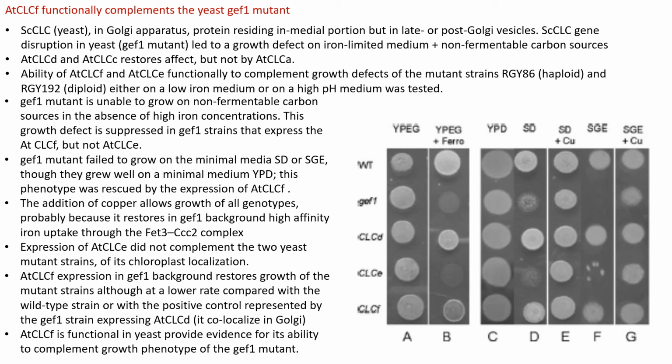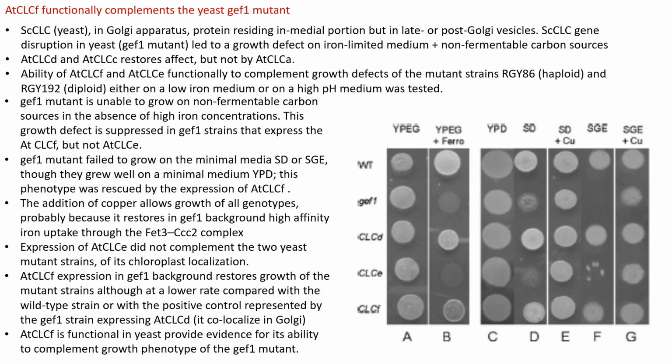And this growth defect was complemented in presence of CLCF, where you could see the growth, as you can see in between the panels A and B. However, this effect was not present in case of CLCE, where you do not see the growth, as visible from panel B of the experiment.